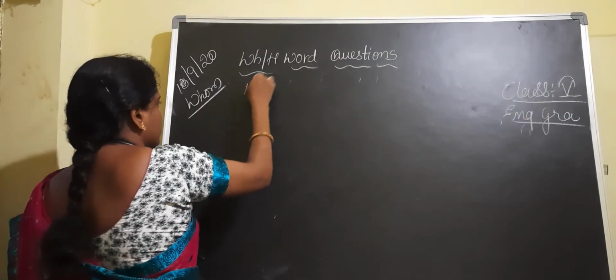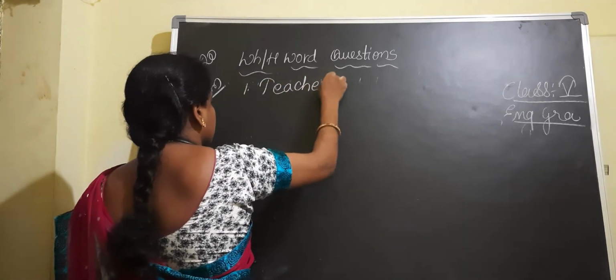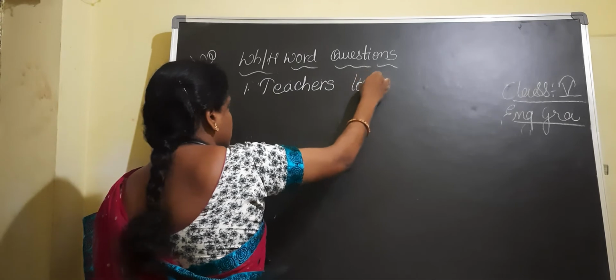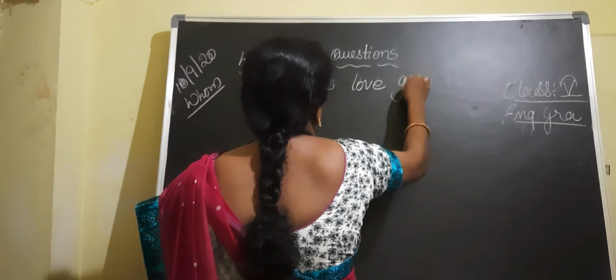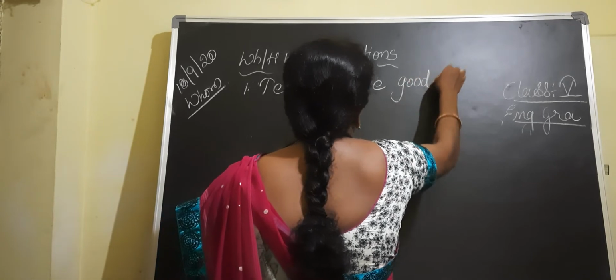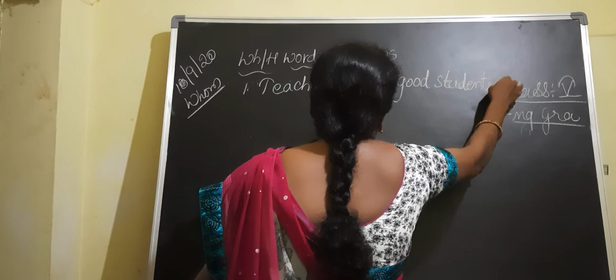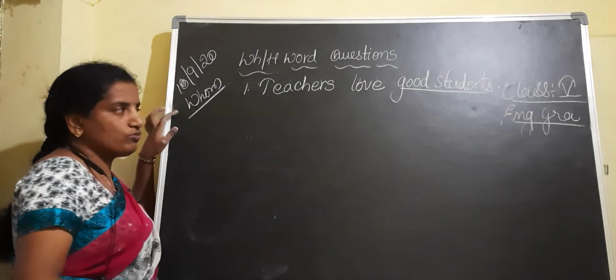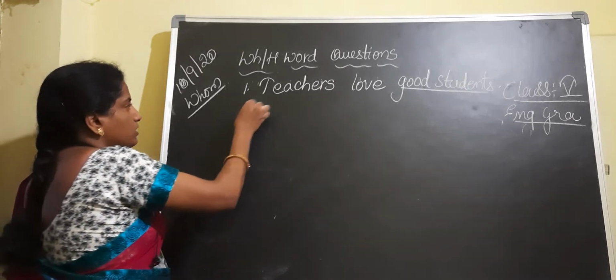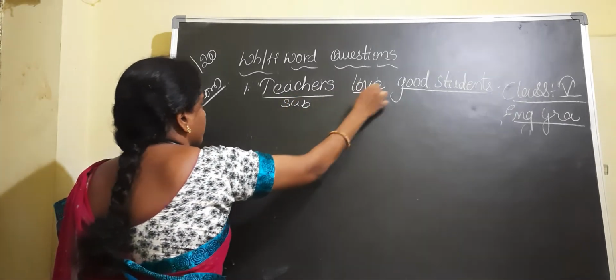Okay, first statement: teachers love good students, and they have underlined good students in bold letters. Now you have to frame the question with whom. Teachers is a plural subject. Here love is V1.